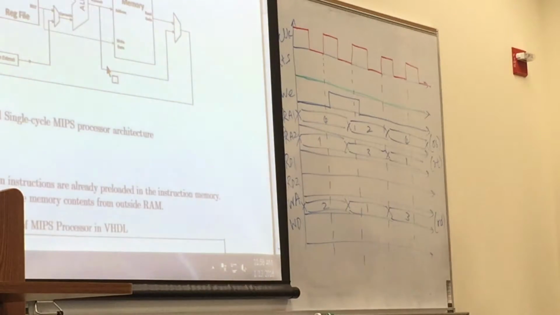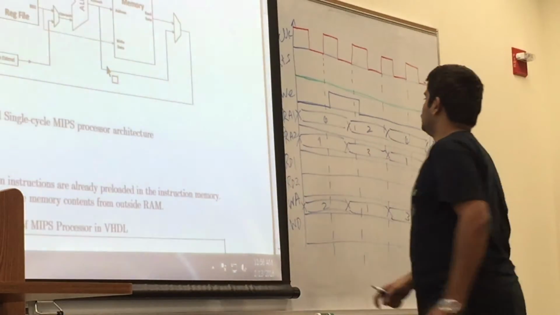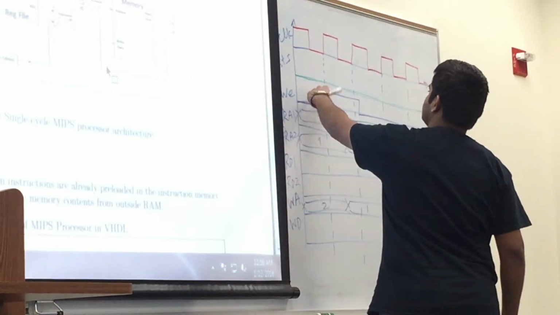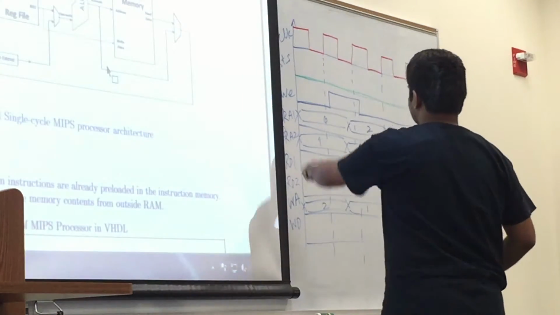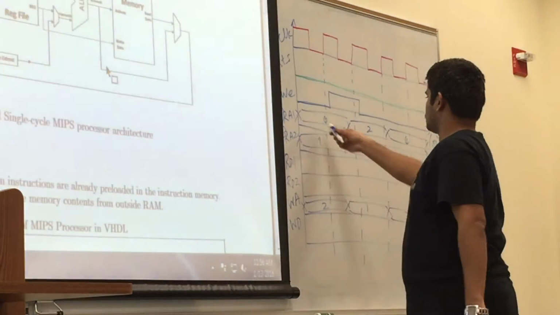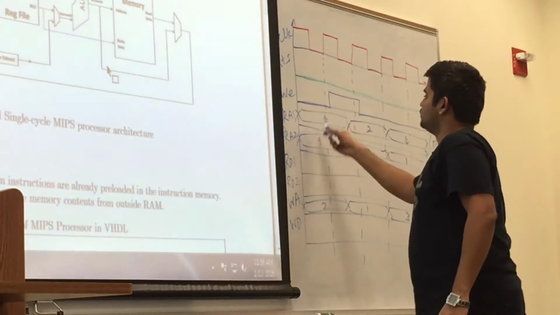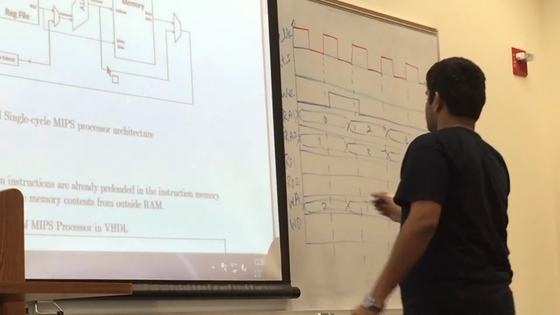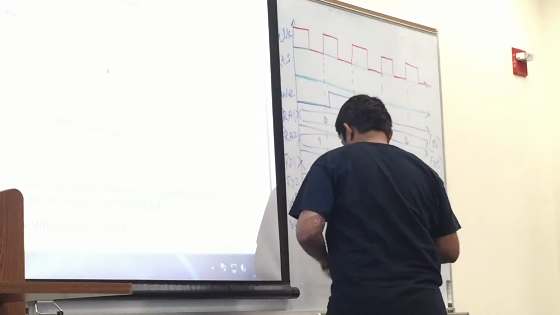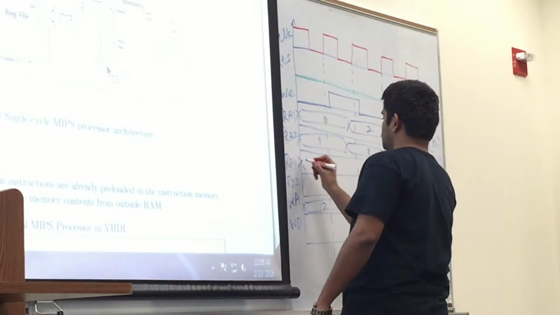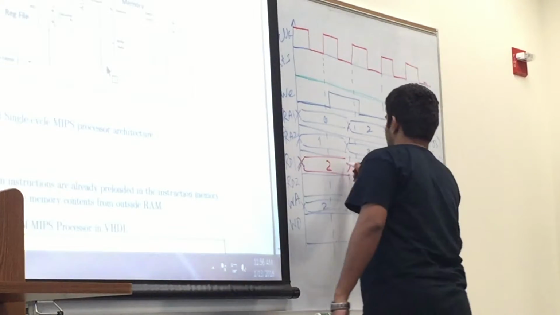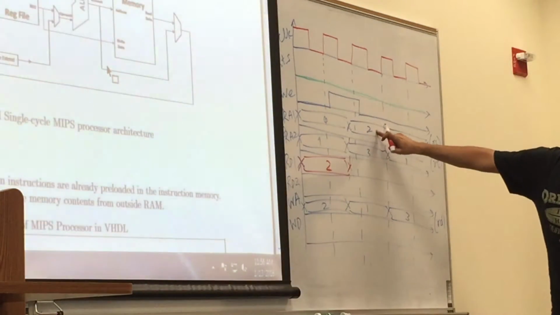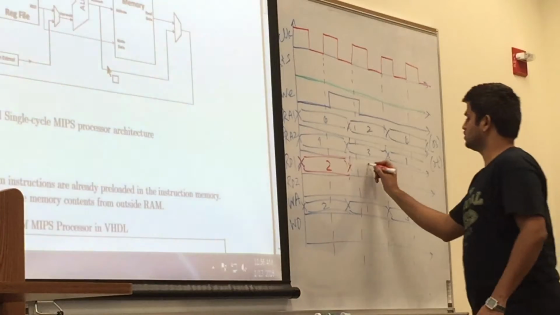So the initial value is at positive. Read is asynchronous, so 0 corresponds to the value 2, right? So it will be 2 here until this point, and then it's trying to read address 2, which is 6.